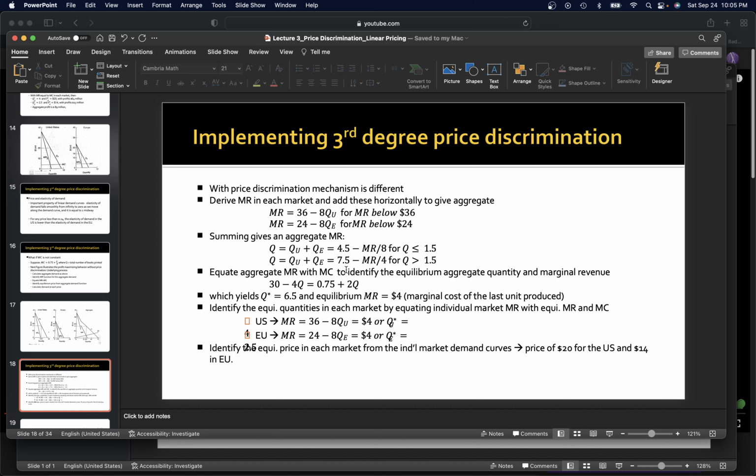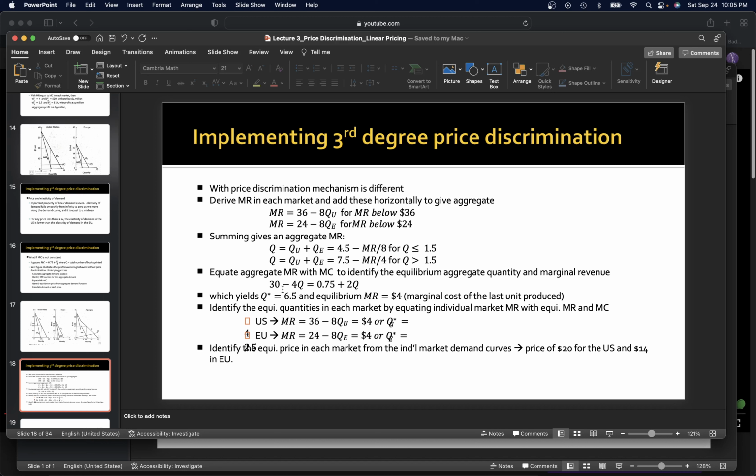If you invert this, it will give you the following, right? For Q less than or equal to 1.5 and Q greater than 1.5. Then equate aggregate marginal revenue here with marginal cost, to identify the equilibrium aggregate quantity and marginal revenue.